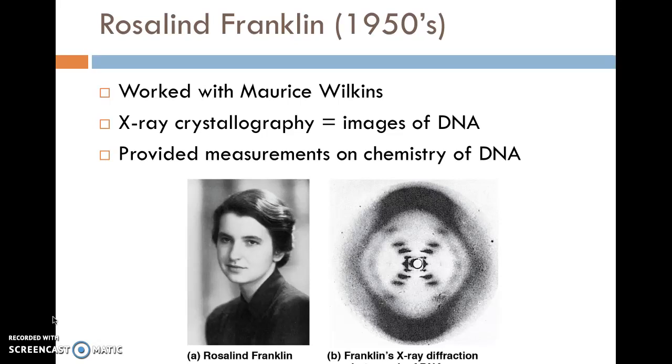The crystallography looks dark in spots where there's a sugar phosphate backbone, and this image proved that DNA was in fact 2 strands, not 3 strands as thrown about by some other scientists, and that the internal part is the nitrogenous bases, part of that nucleotide.